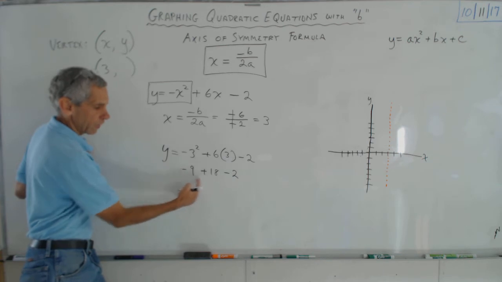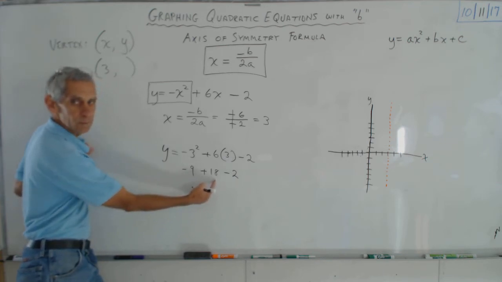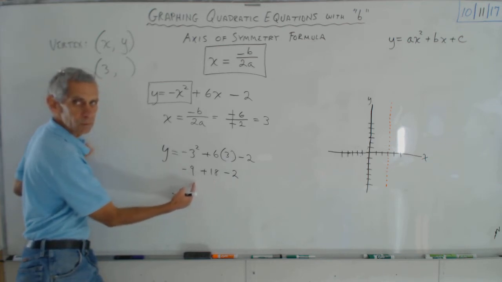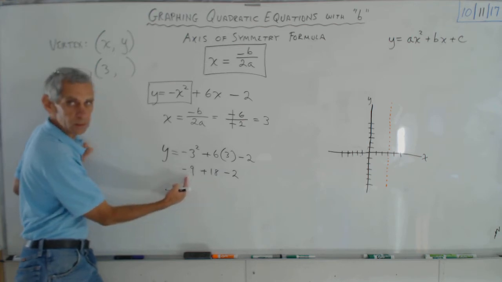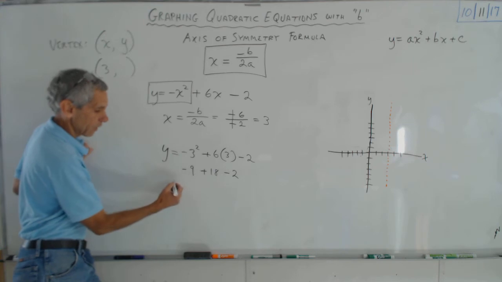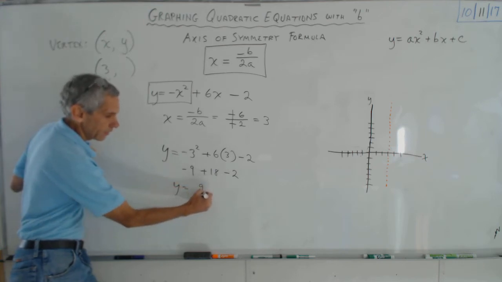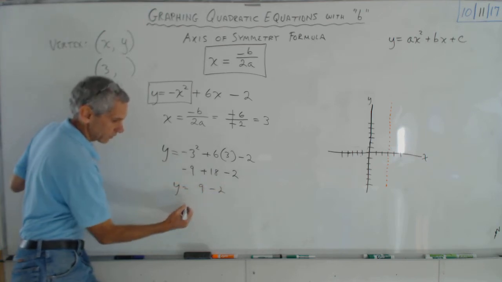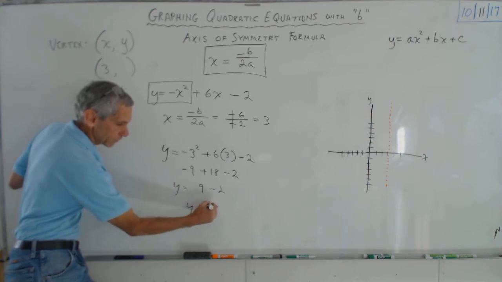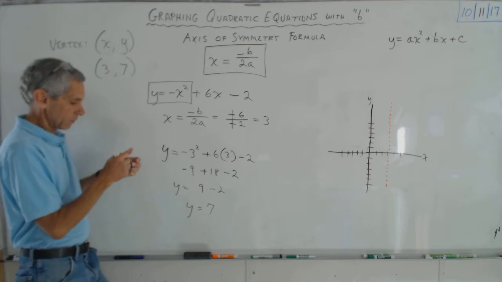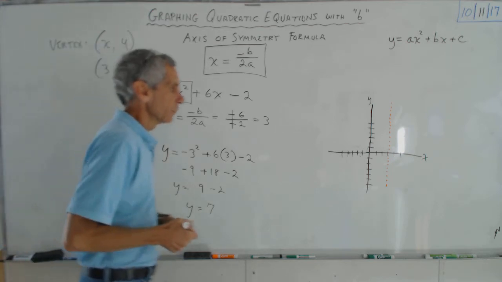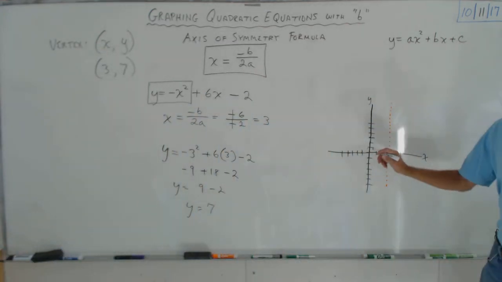What's negative 9 plus 18? In other words, what's 18 minus 9? Oh, it is 9. So y is equal to 9 minus 2, which is 7. So y is equal to 7. So there's my vertex. It's (3, 7).